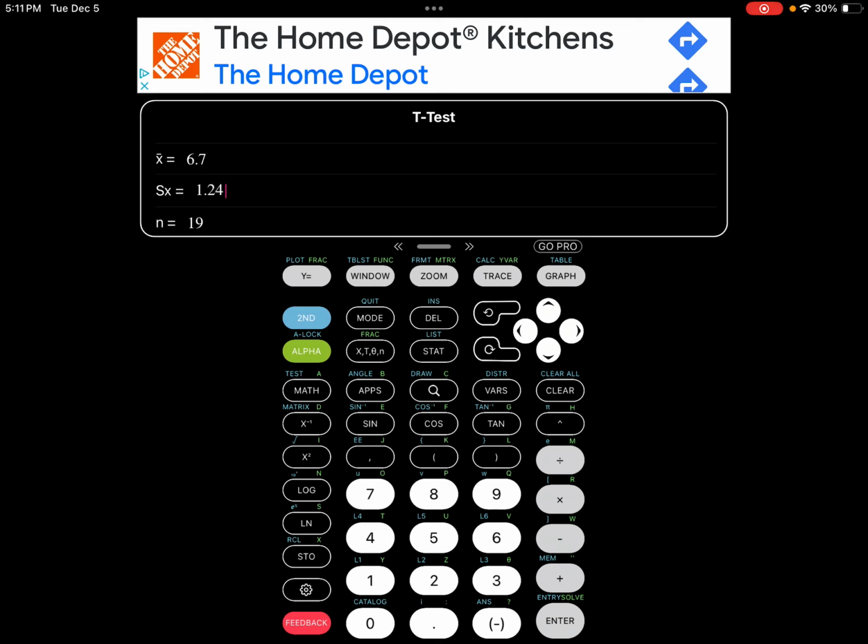Sx is standard deviation, by the way. For the mu naught, you have to choose what tail of the test it is. A left tail means that the inequality points to the left. A right tail means inequality points to the right. So this is a two-tailed test, which is not equal to, so we'll choose that one. And then we'll calculate it.